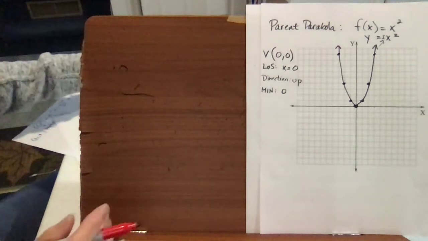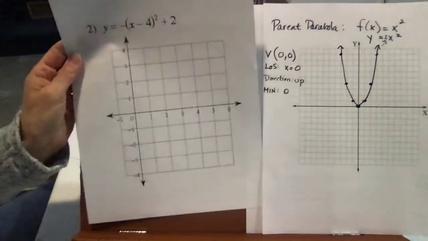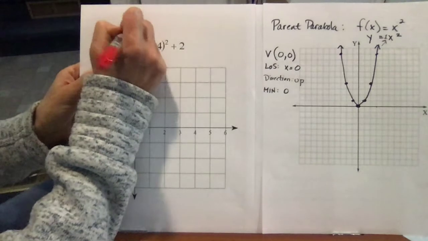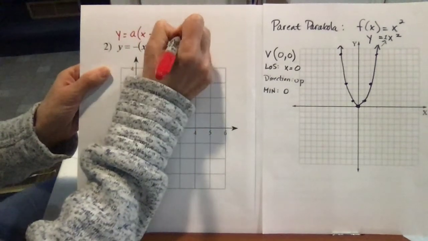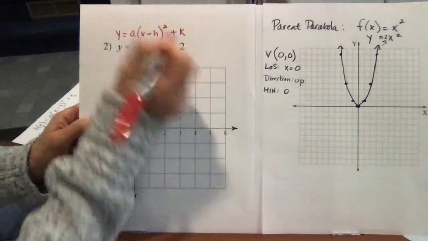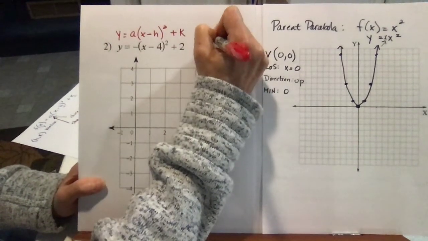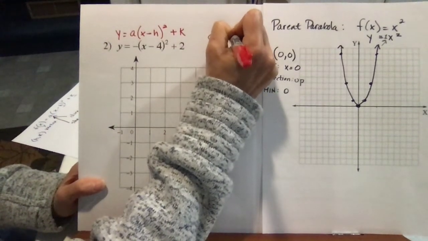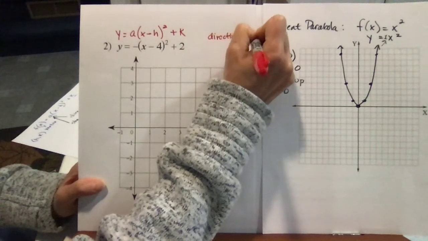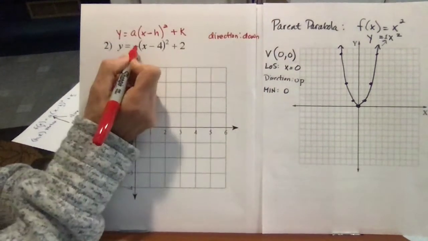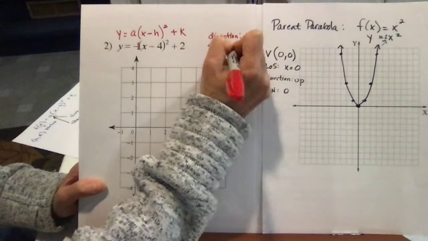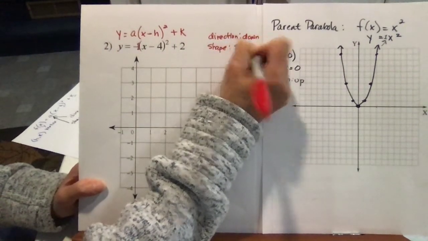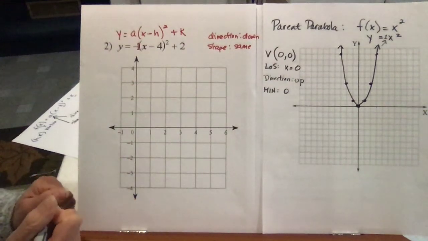Let's try one more. Again, always write your template. Our a value is negative, so our direction is down. We got that right away. It's a -1, so the shape is the same as the parent: 1, 1, 2, 4, 3, 9.